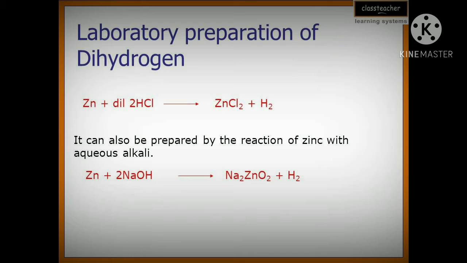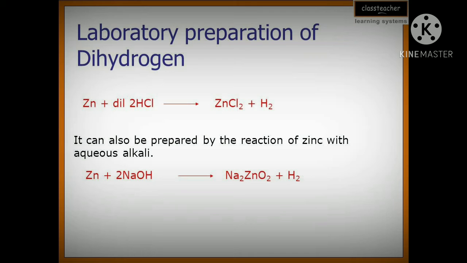Now the 3 washer bottles. Washer bottle 1 contains silver nitrate solution, which absorbs the impurities arsine and phosphine. Washer bottle 2 contains lead nitrate solution, which absorbs the impurity hydrogen sulfide.